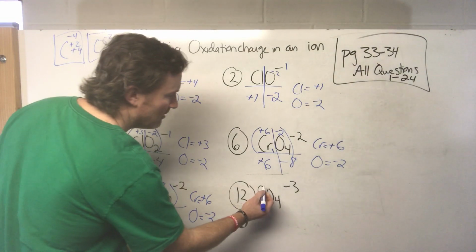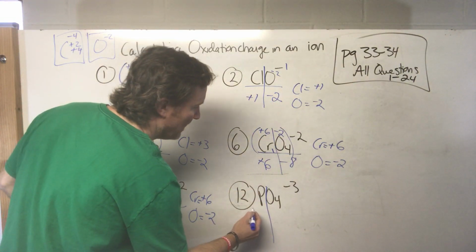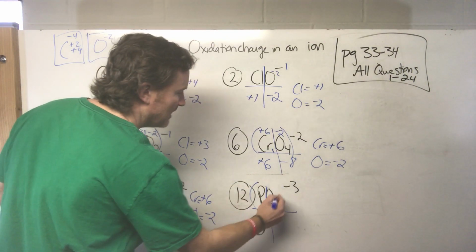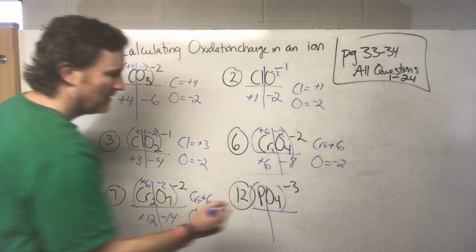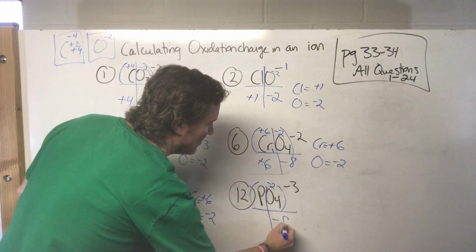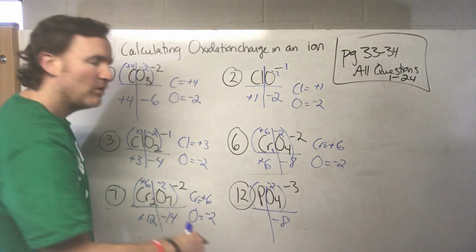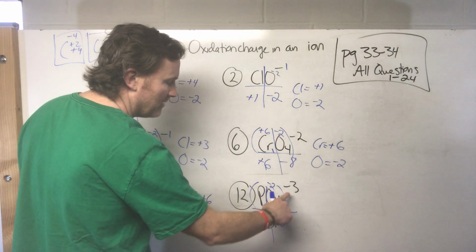All right, our last one here, and then you'll be on your own to finish the homework, which again is the rest of the 2 pages. Again, can't touch this, right? MC Hammer. The whole thing has to be -3. We know oxygen is -2, so this is a -8. I have to have the whole thing add up to be -3. So -8, we want to add up with -3.